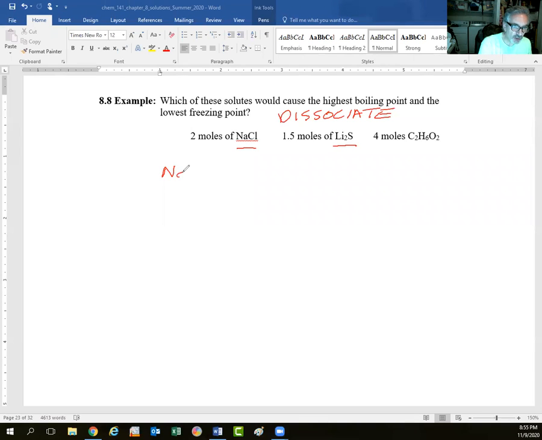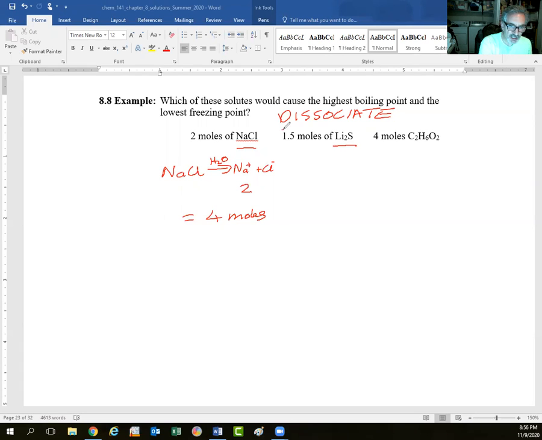So sodium chloride added to water dissociates into sodium ions and chloride ions. So every mole becomes 2 moles of solute particles. So that 2 has to be multiplied by 2, and we've got 4 moles of ions in solution.